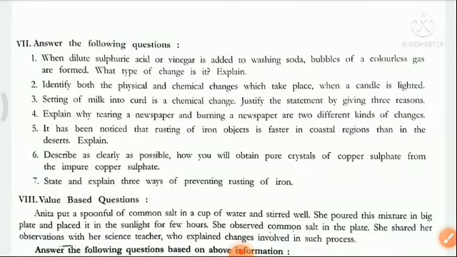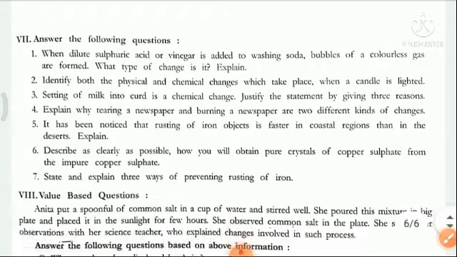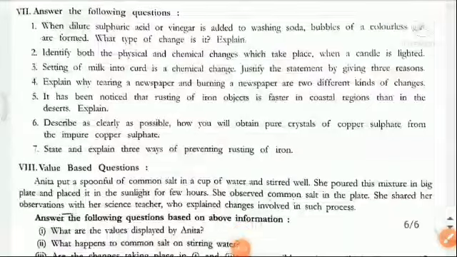Again, once you have torn the newspaper, you can join it again using some gum, so you can get back the original shape of the newspaper. But once you burn the newspaper, you cannot get it back. So burning of newspaper is an irreversible change, as well as a permanent change, and we know that chemical changes are permanent.